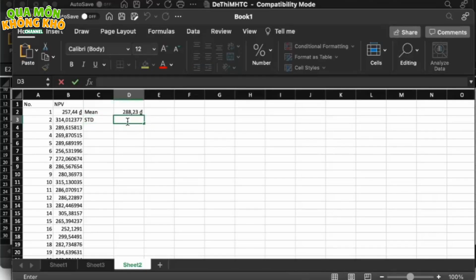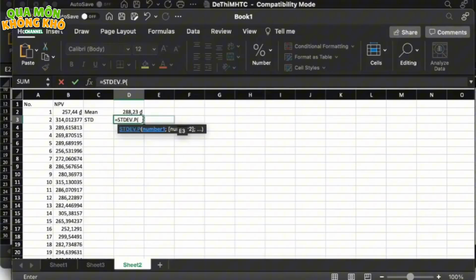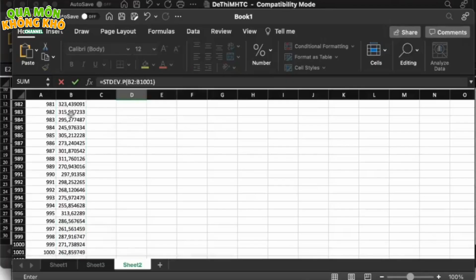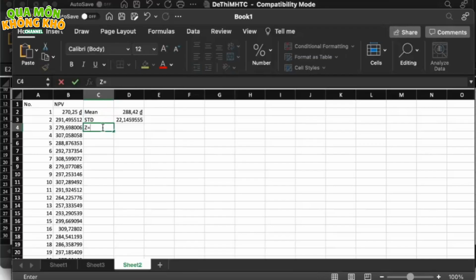And for standard deviation, we use STDEV.P. P is population and S is sample. Just use P in every parameter function in Excel. So we have the standard deviation of 1000 MPV, and we calculate the Z score.